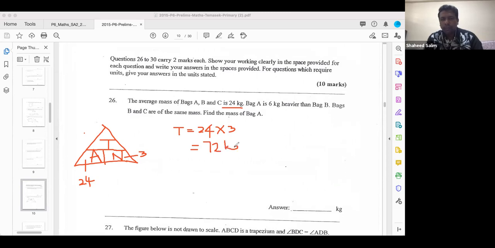We want to find bag A. Okay, this is total weight.